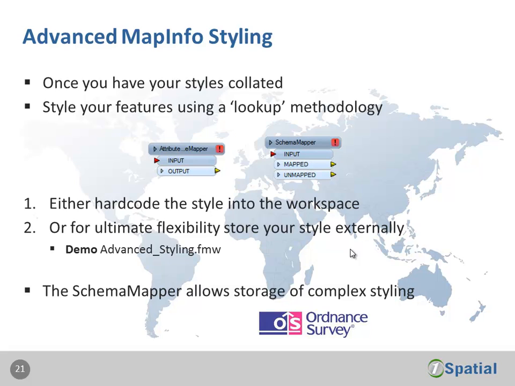The schema mapper gives you the ultimate flexibility of allowing you to style your data and store those styles externally in a format that's supported by the schema mapper. This allows you to store very complex styling information, perhaps for data sets that have rich topographic capabilities such as Ordnance Survey Master Map or Vector Map Local. Let's take a look at what we mean.